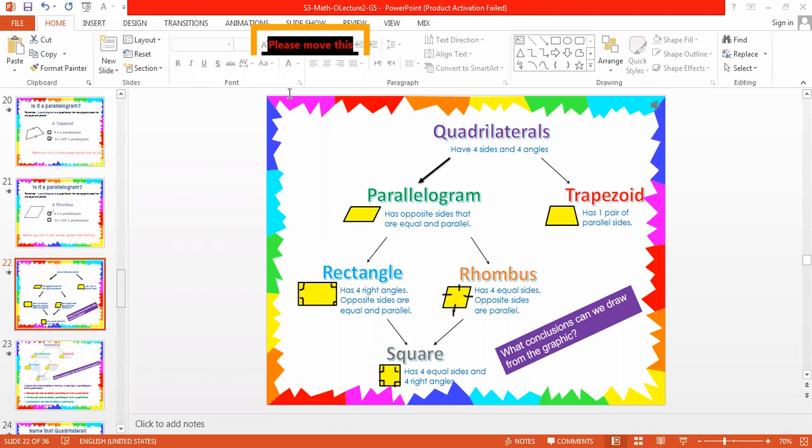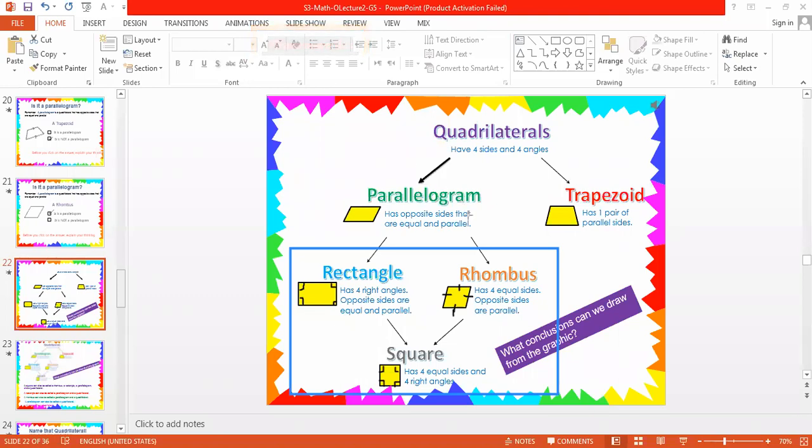So the rectangle, I want you here to look. The rectangle, the rhombus, the square are what? They are all called parallelograms.